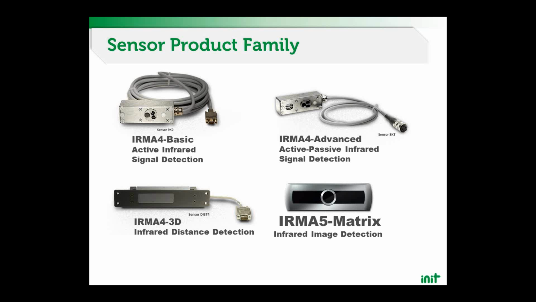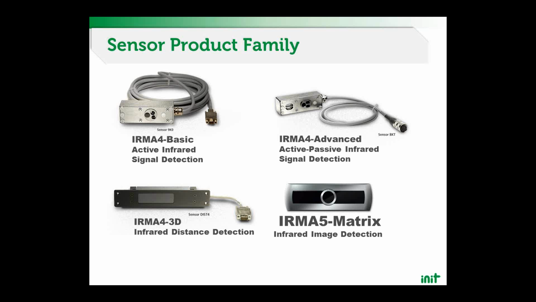We are using at the moment 4 different sensors: the IRMA Basic, the IRMA Advanced, which we will phase out in 2016, and our most current, the IRMA 3D, and the IRMA Matrix sensor.